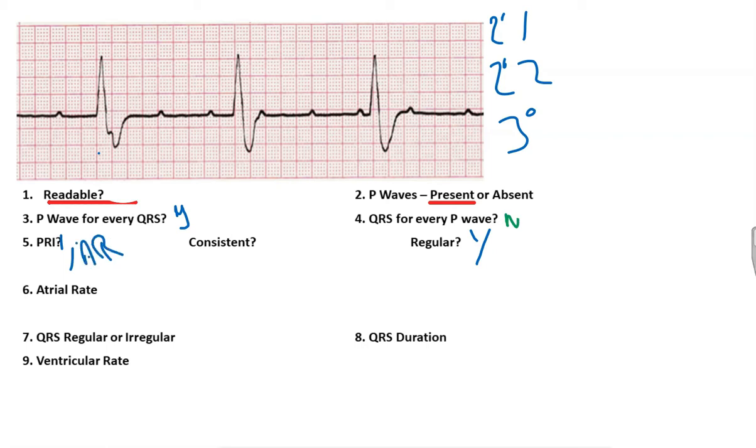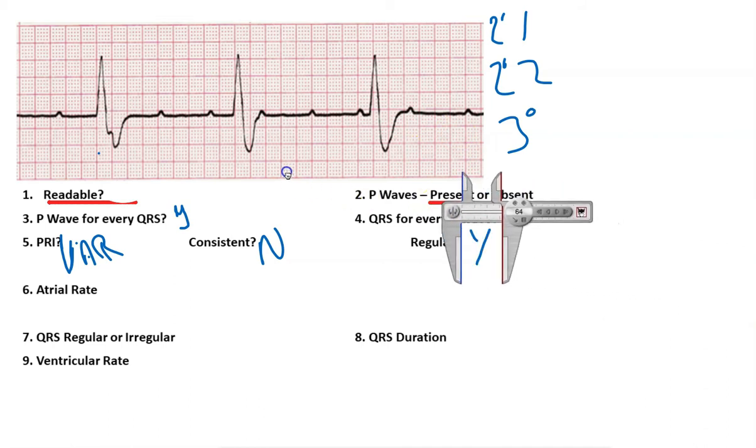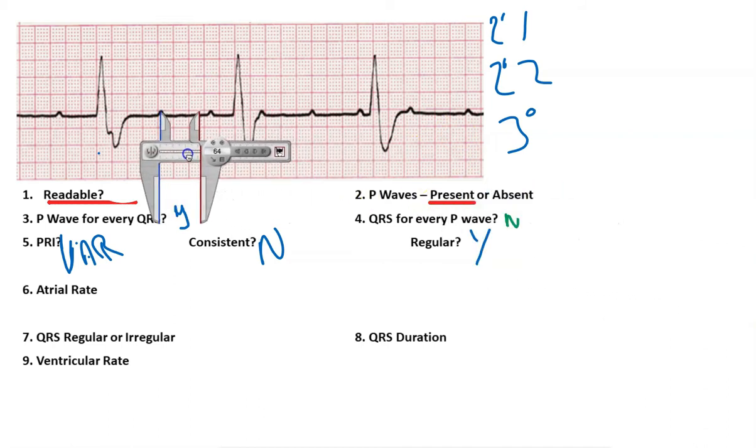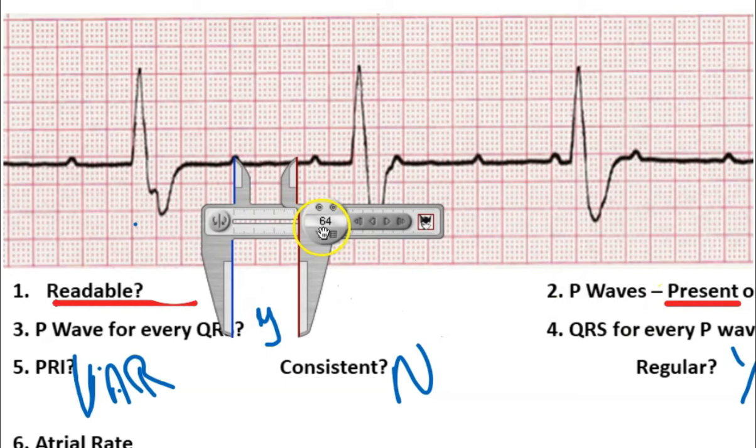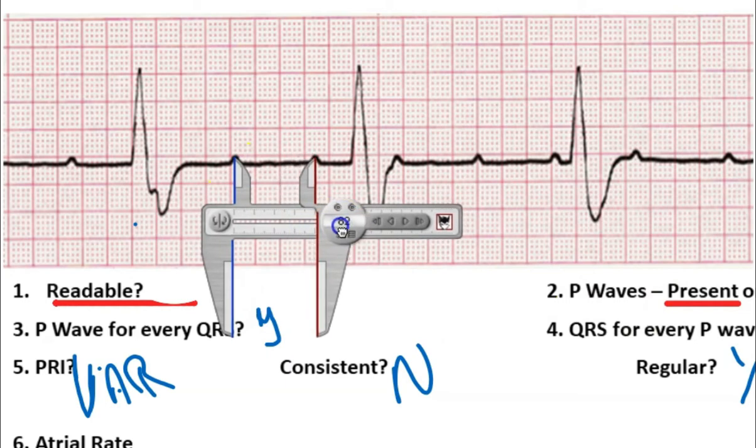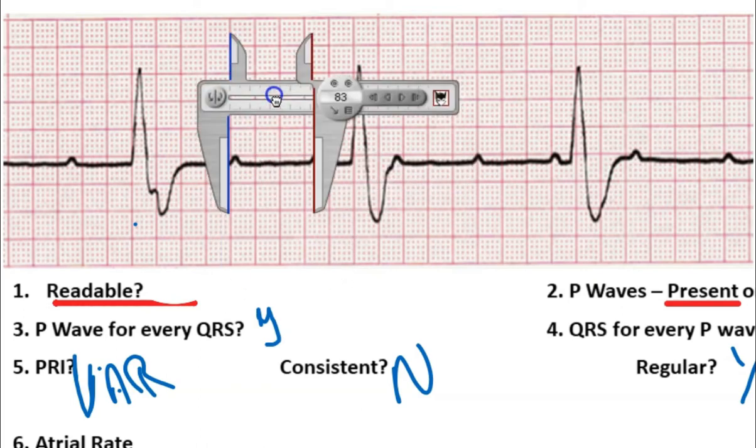And since my PR interval is variable, I notice that it is not really consistent because it is only appearing there whenever there may be a QRS complex. But I can tell that my atrial rate here, if I bring my calipers back, remember I said when we put these things together that I had a P to P that looked to be pretty good, and it was regular the whole way through.